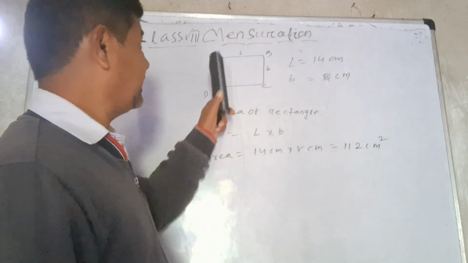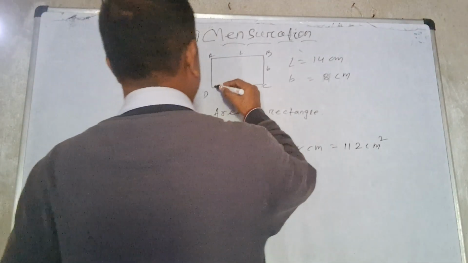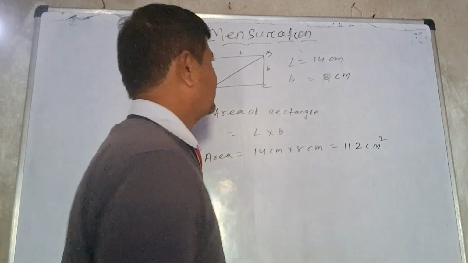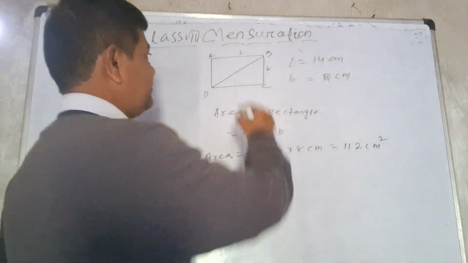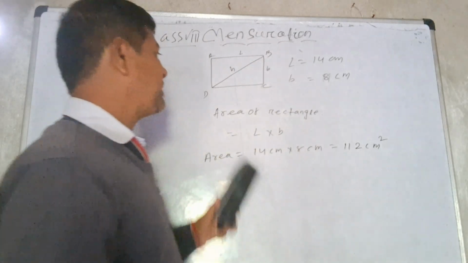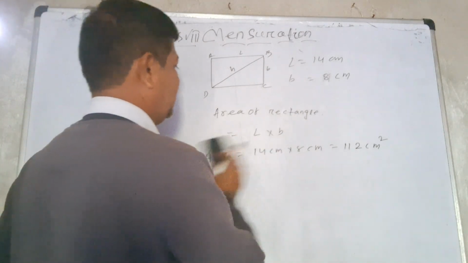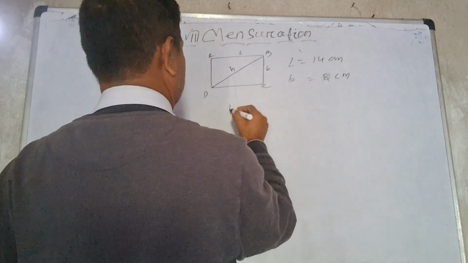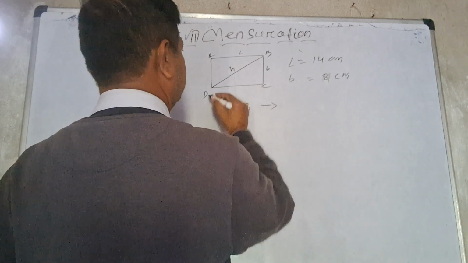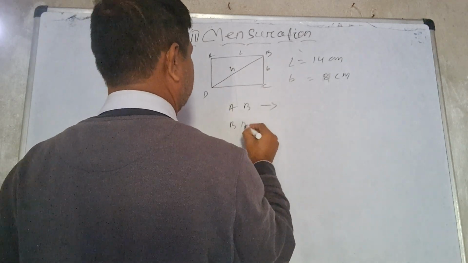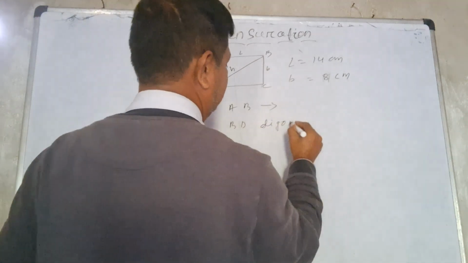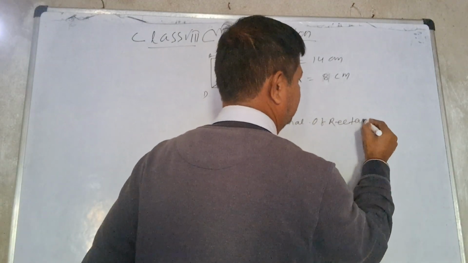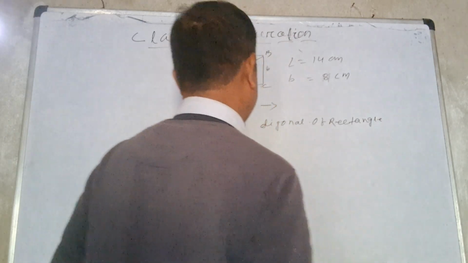If L and the hypotenuse are given, that is, BD the diagonal of the rectangle, listen to me carefully. AB is given, BD diagonal of the rectangle is given.